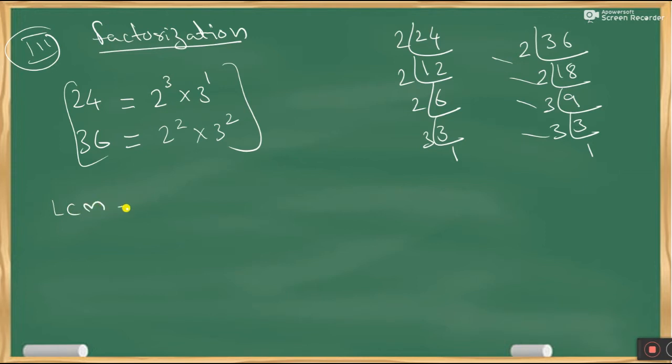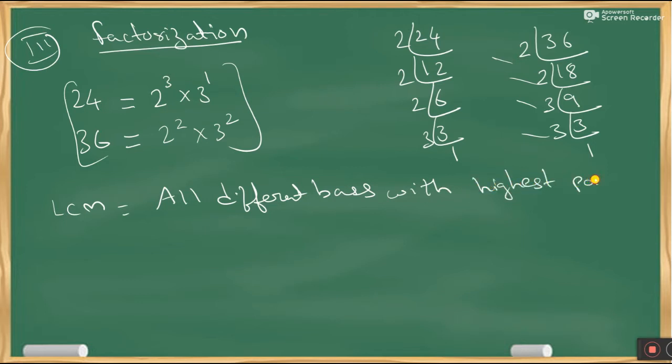So the LCM can be taken as: write down all different bases with the highest power available. So write down all different bases.